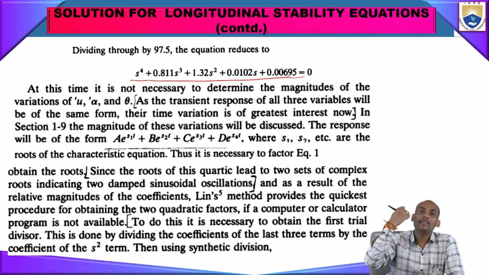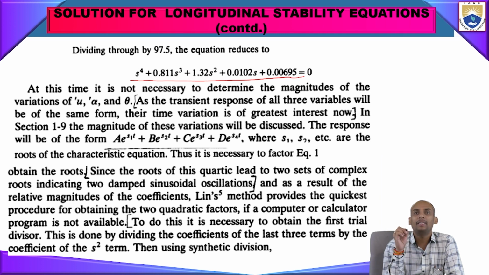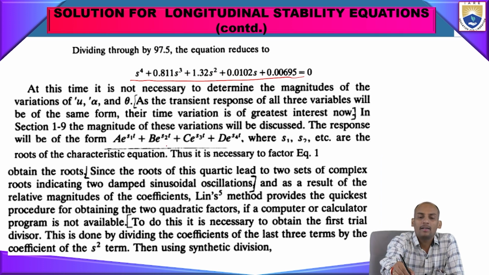So if you solve it like a higher order differential equation, the solution will be a1 e power s1t plus b e power s2t plus c e power s3t plus d e power s4t.